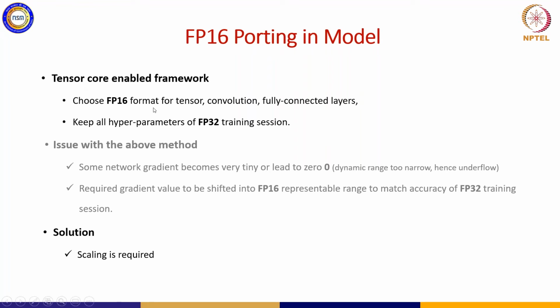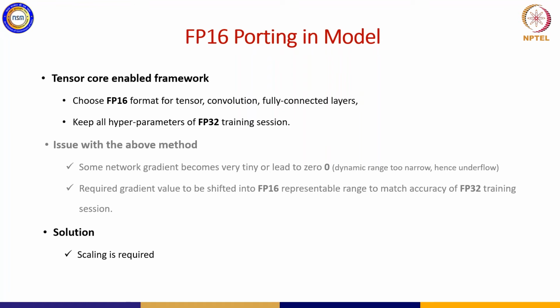So you choose the FP16 format for your tensors, which helps you do the matrix multiplication and the convolution operation. It also works with a fully connected layer, and you keep all the hyperparameters in FP32, that is, the floating point 32 training section.